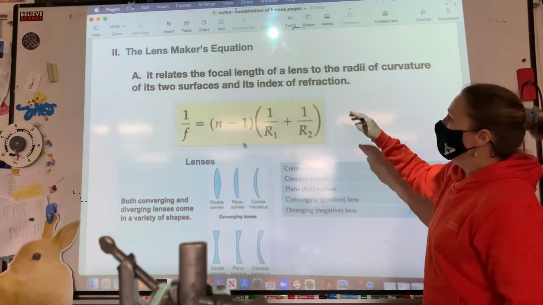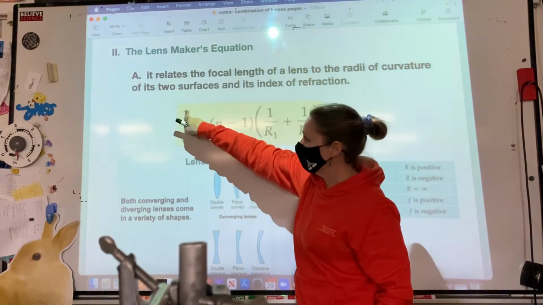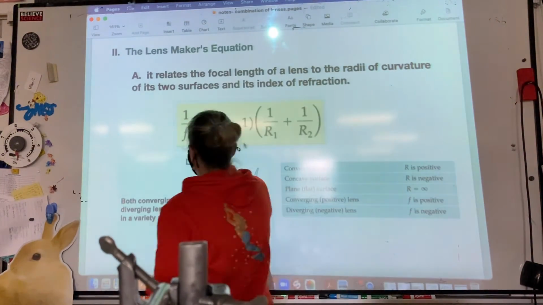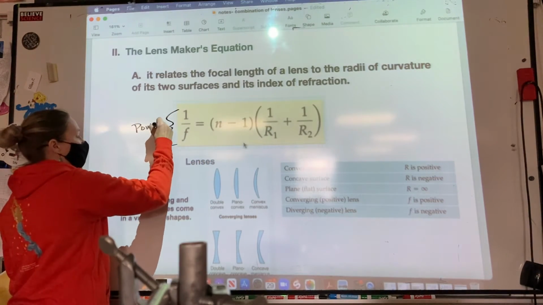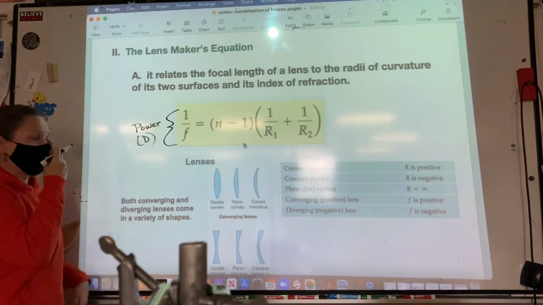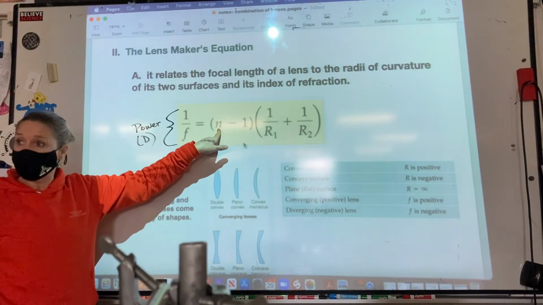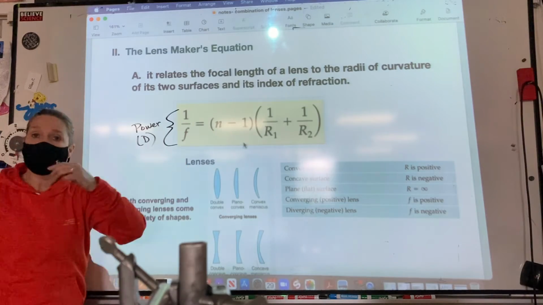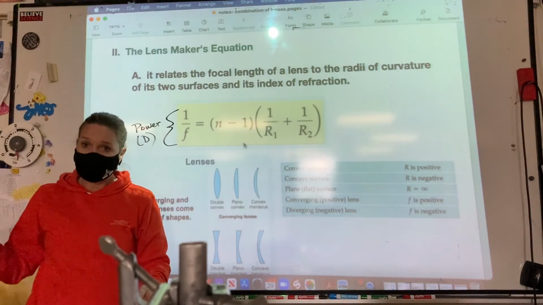And so this equation relates the focal length of the lens. And do you realize that 1 over f, what's 1 over f better known as? Diopter. The diopters, or power in diopters. So the diopters or power of the lens is related to how big of an n you have. Now remember, n was how much a material slowed light down.